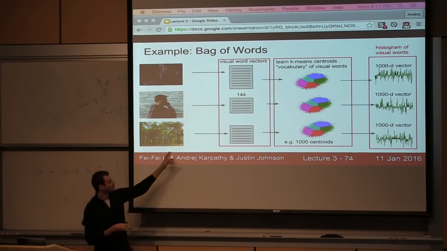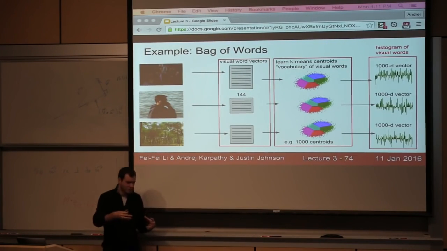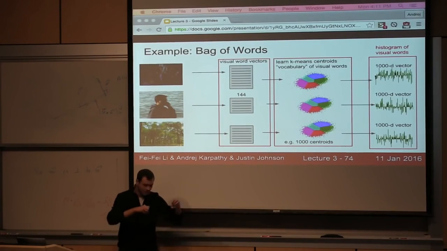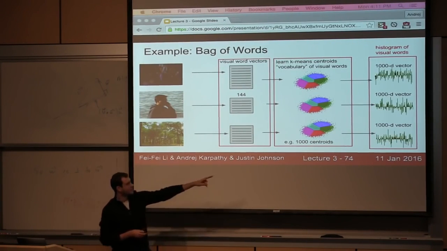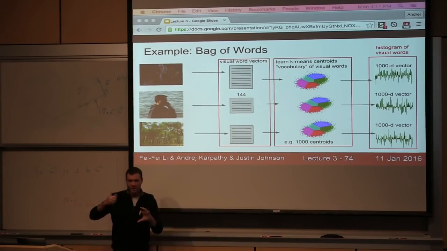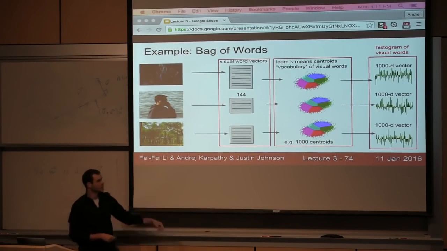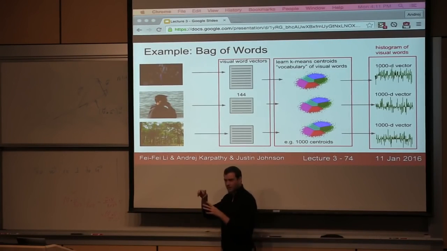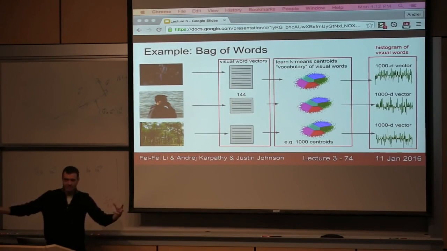Then we came up with dictionaries of the stuff we see in images, like lots of high frequency stuff or low frequency stuff in blue and so on. You end up with centroids using k-means, and then we express every single image as statistics over how much of each thing we see in the image. For example, this image has lots of high frequency green stuff, so you might see a feature vector with a high value in high frequency and in green.